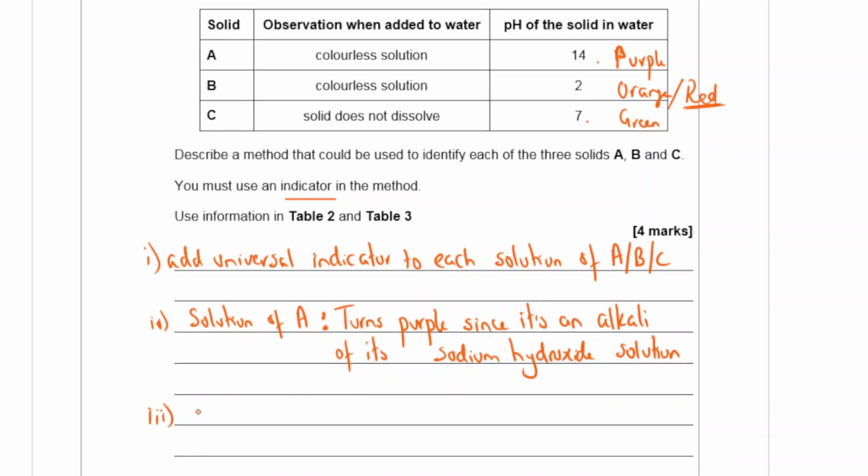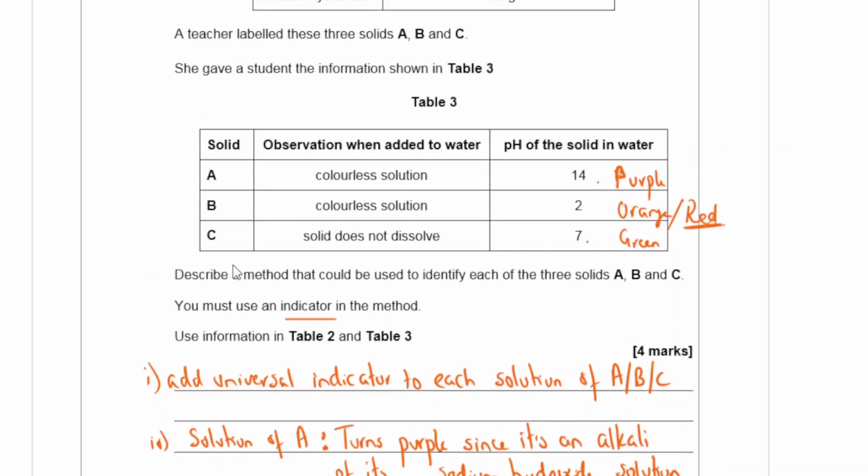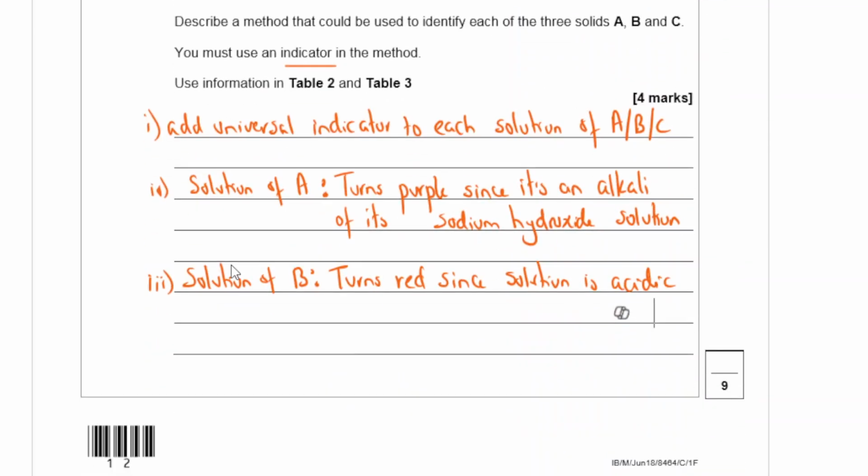So solution of B turns red since the solution is acidic, which means it is phosphorus oxide. 4th bullet point.